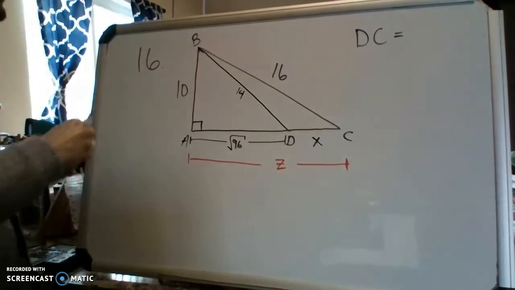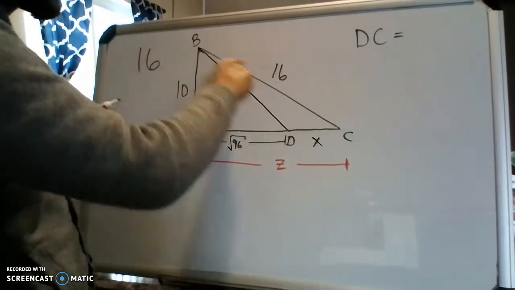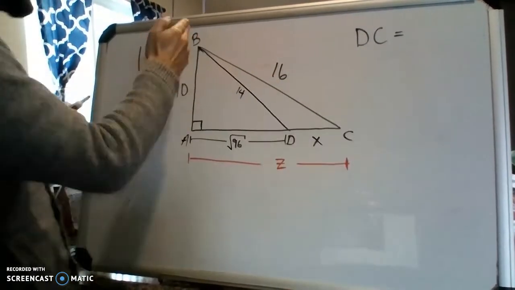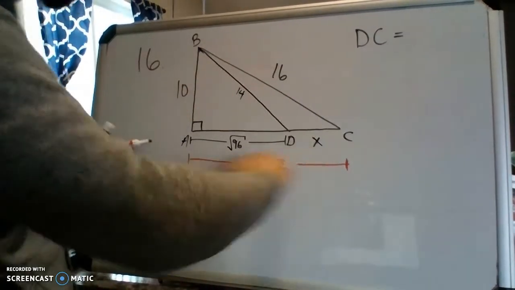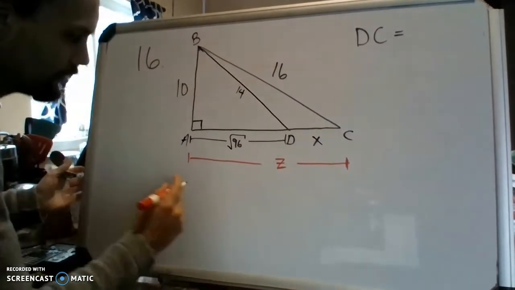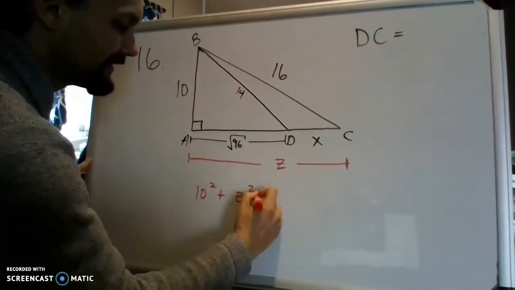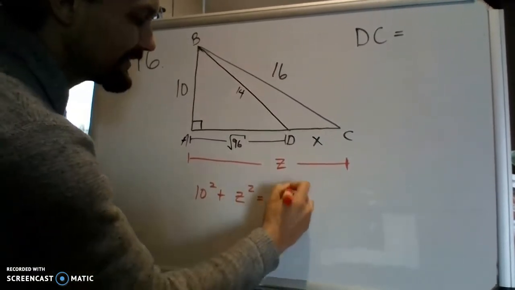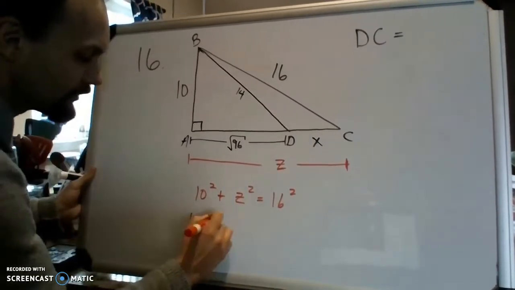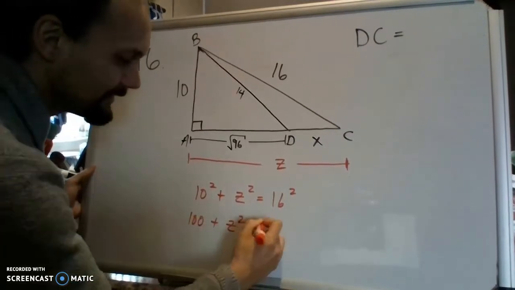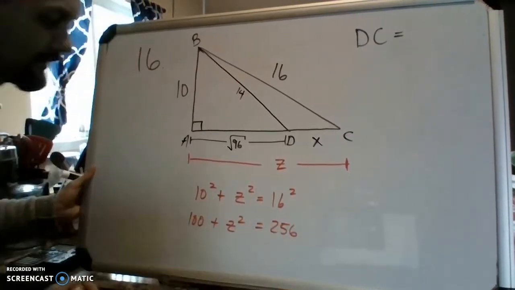So if you're looking at this as a big triangle, we've got a hypotenuse of 16, a leg of 10, and then a leg of Z. So let's pop that into Pythagorean theorem. 10 squared plus Z squared equals 16 squared, which gives 100 plus Z squared equals 256.